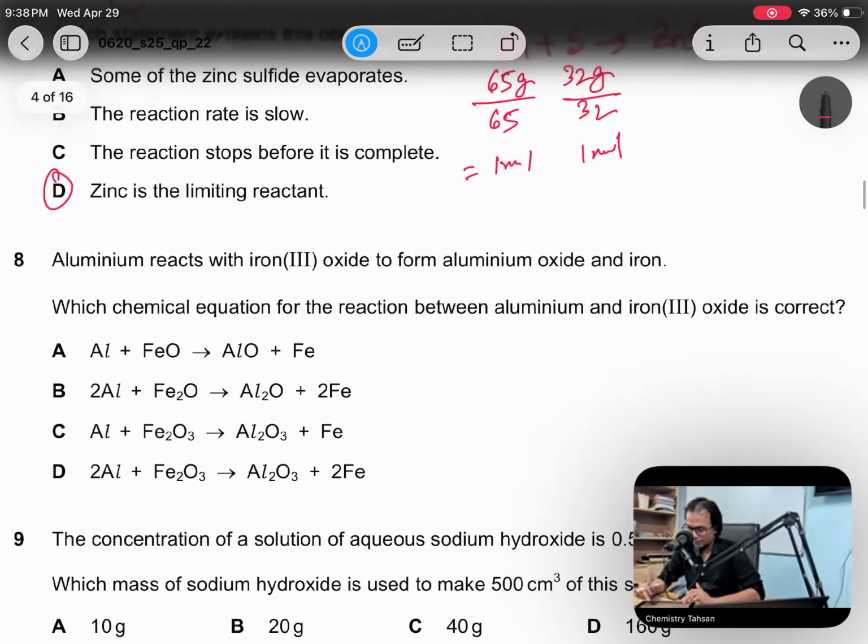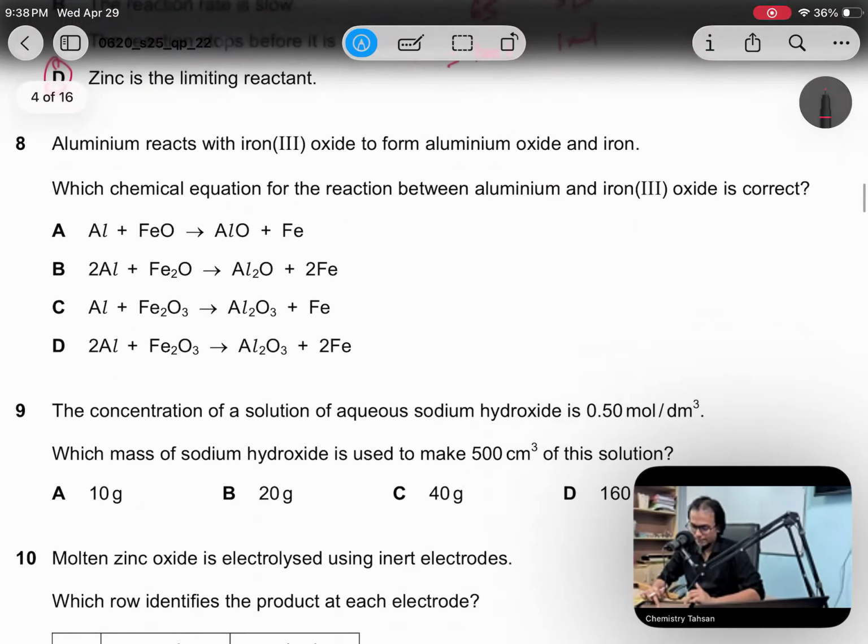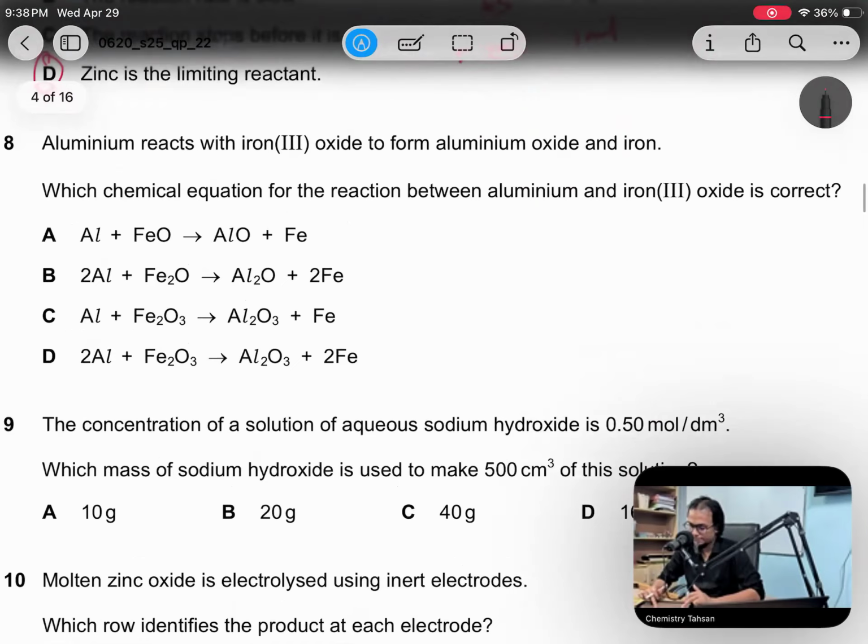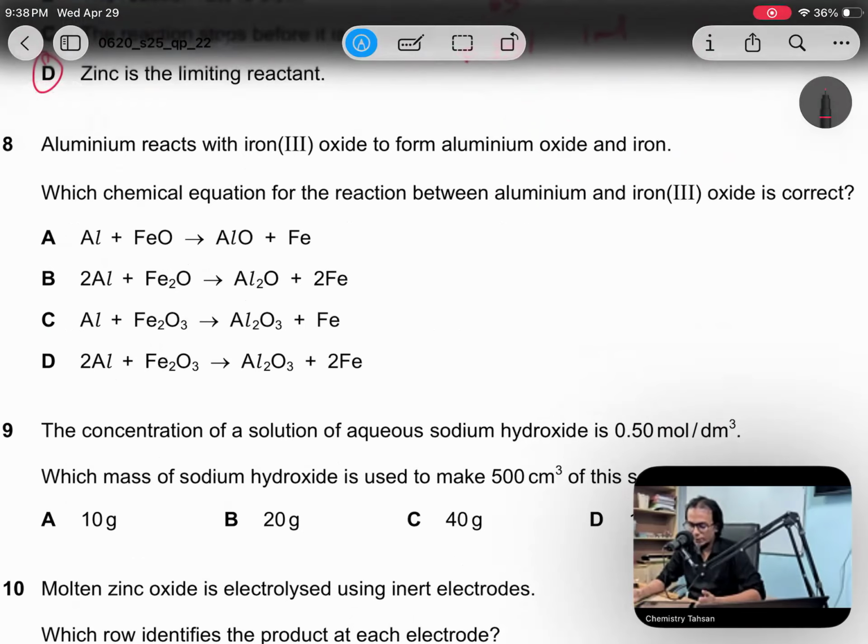Next point, 8. Aluminium reacts with iron 3 oxide to form aluminium oxide and iron. Okay, aluminium and iron 3 oxide. So which chemical equation for the reaction between aluminium and iron 3 oxide is correct? So you see iron 3 oxide is Fe2O3. So aluminium reacts with iron 3 oxide to give aluminium oxide and iron. If you look at number D, it is a balanced equation.